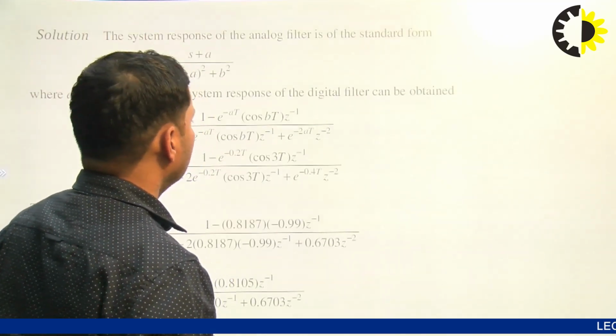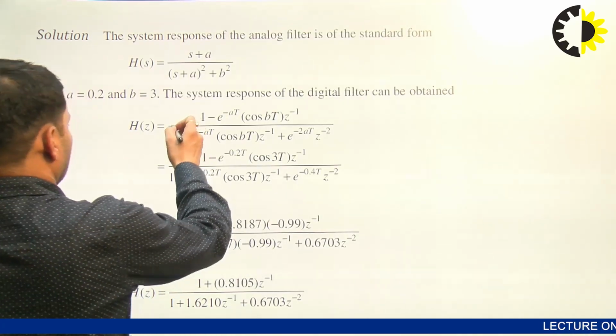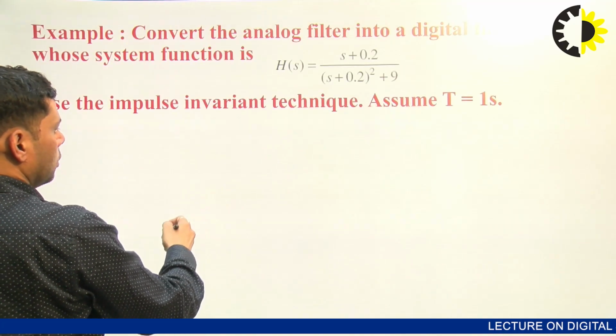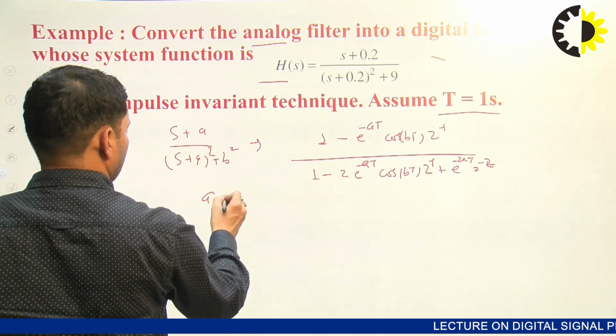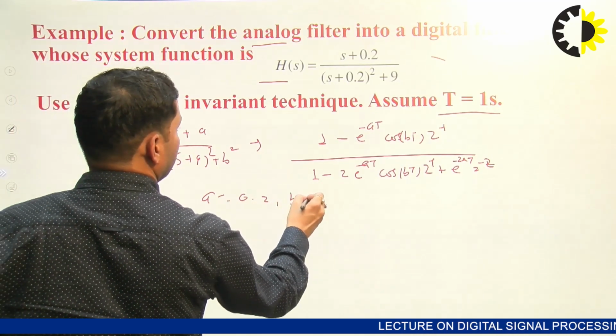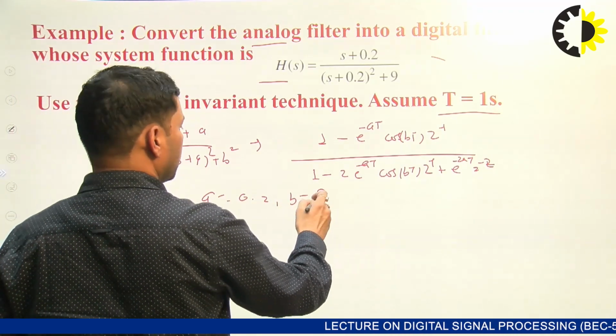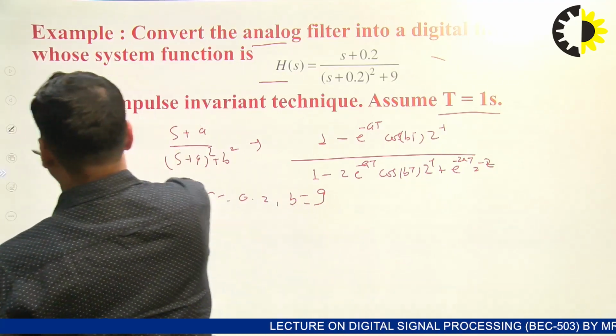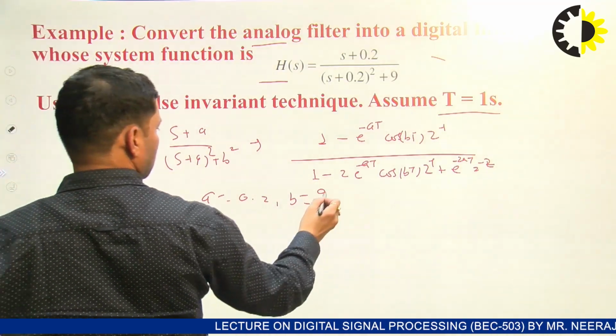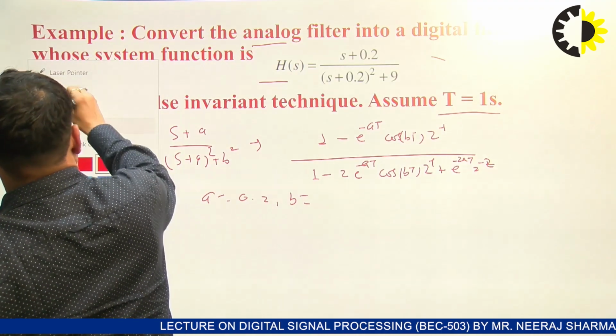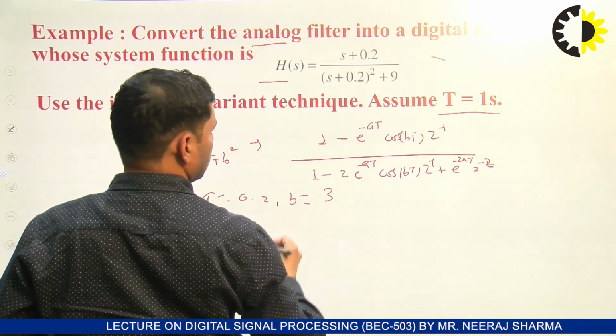So this can be written here. The value of a is equal to 0.2 and b is equal to, sorry, the value of b is equal to 3 here.